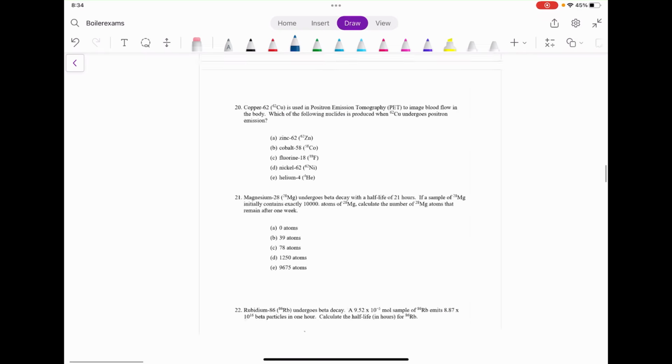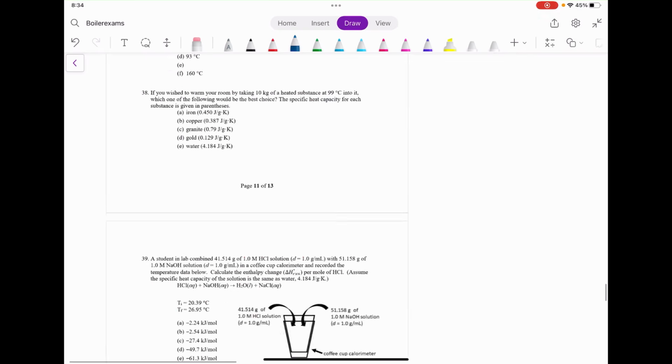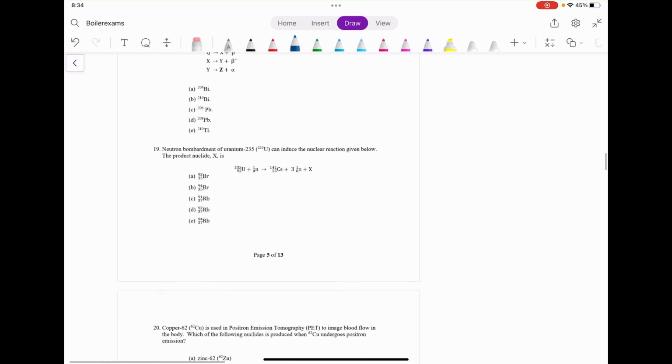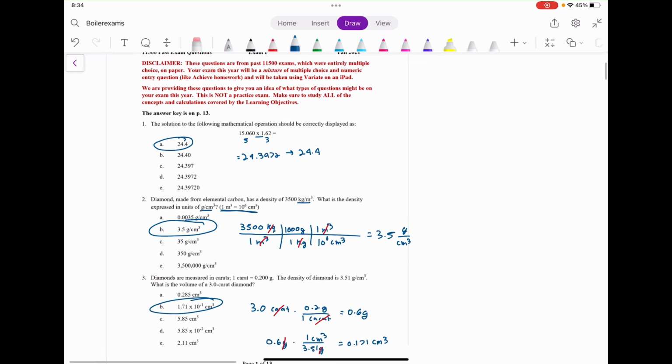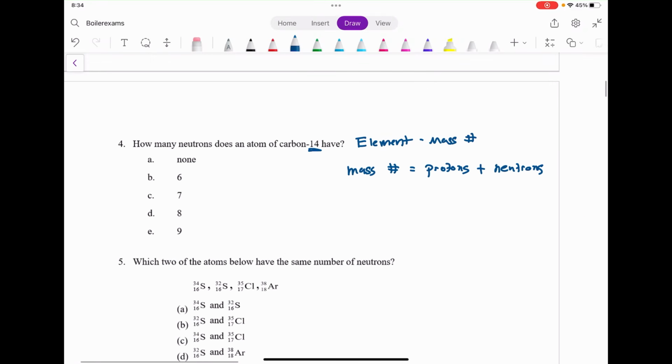So is there a periodic table down here? No, there's not. Okay, well, regardless, if you were to look at a periodic table, you would know that carbon always has 6 protons. The elements are defined by how many protons they have.